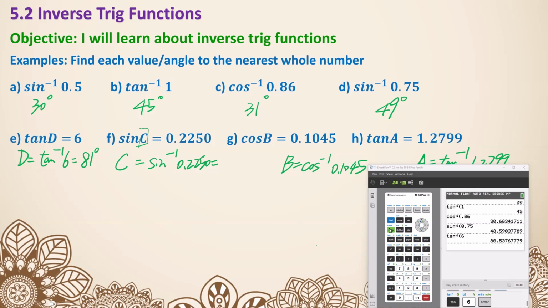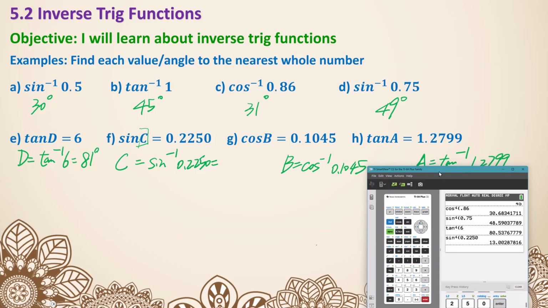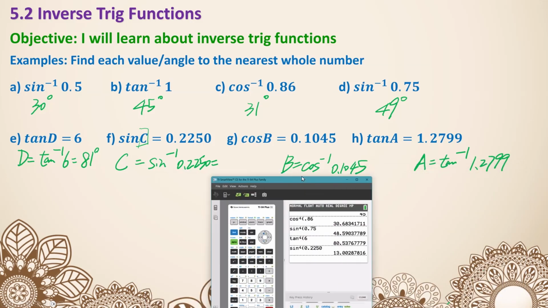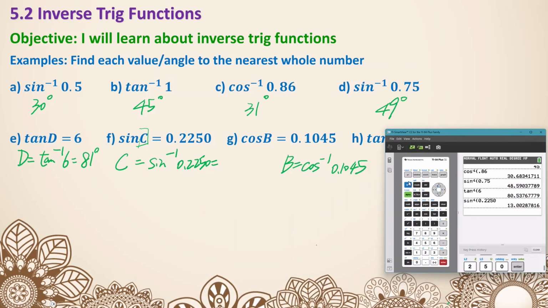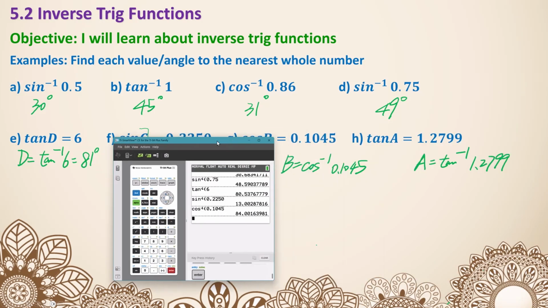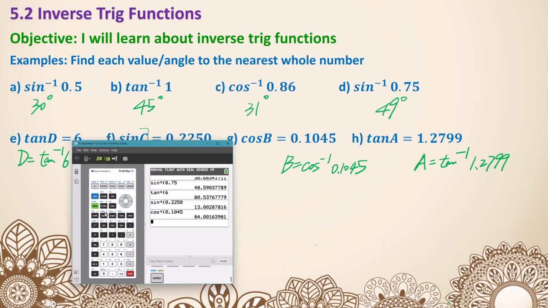We have inverse sine of 0.2250, and that is 13 degrees. Okay, let's continue to calculate all of them. Then we have inverse cosine of 0.1045. That would be 84 degrees. They're all 0.00, so it's just 84 degrees.